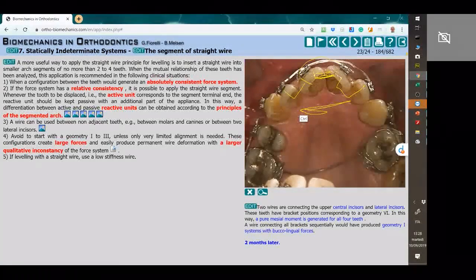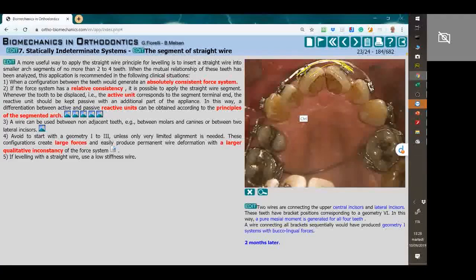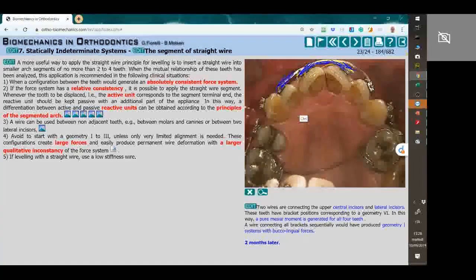So we have two Ys, one between the centrals. Maybe I should change the color. One wire is here, and then I have another wire which goes from the lateral to the lateral.